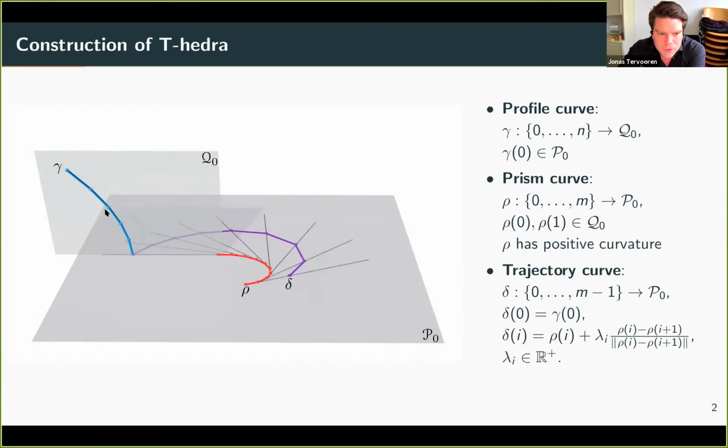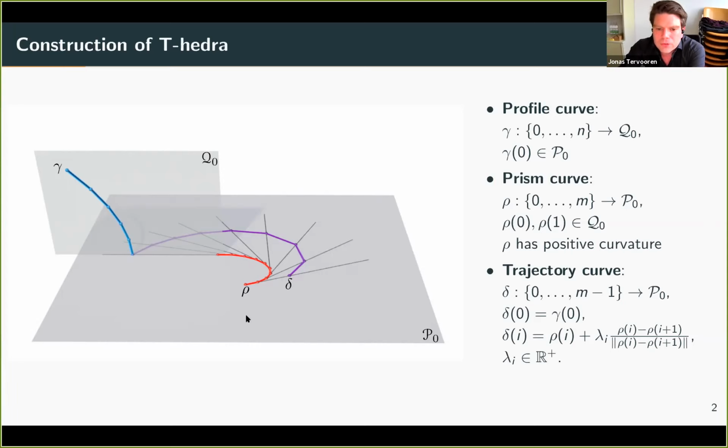The blue polygon here is called the profile curve, and it lies in the plane Q0. And the red polygon is called the prism curve, which lies in the plane P0. We have some additional conditions, like that the prism curve has to have positive curvature, which in our case just means that the dihedral angles between consecutive edges lie on the same side of the curve.